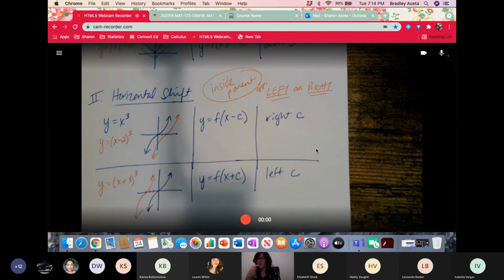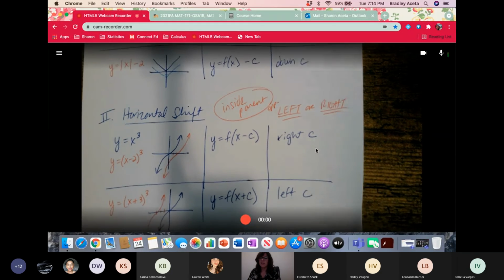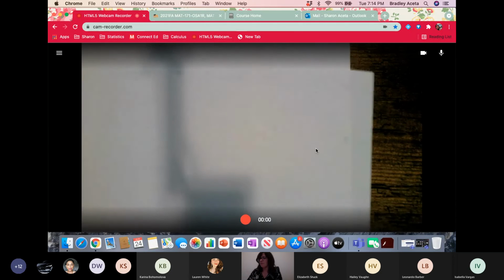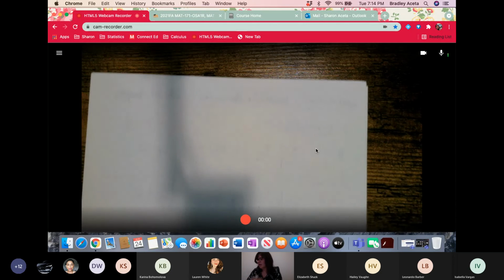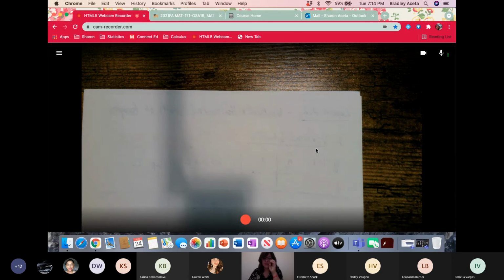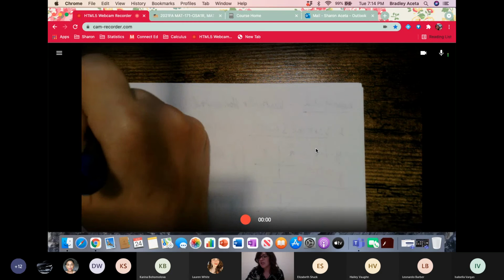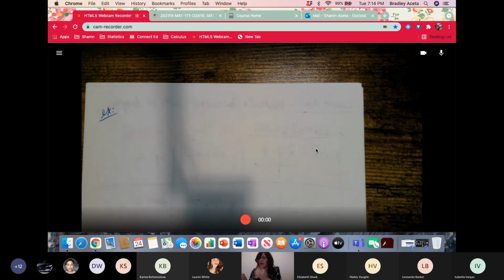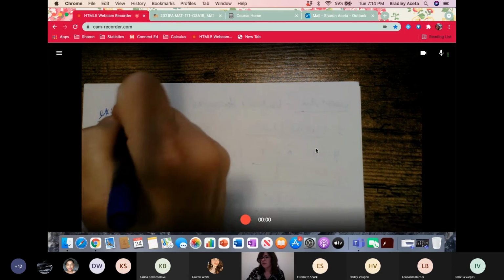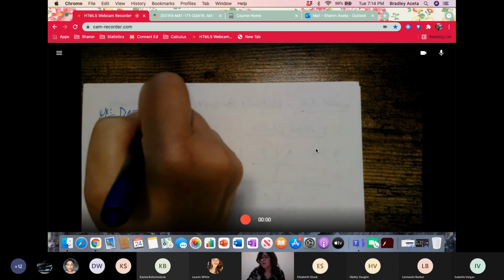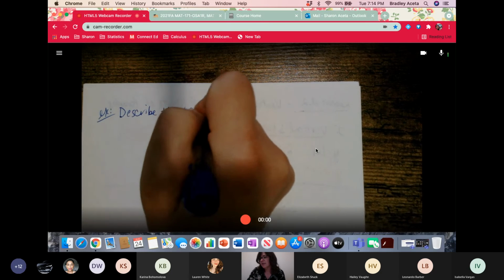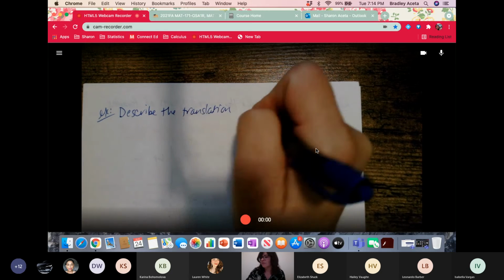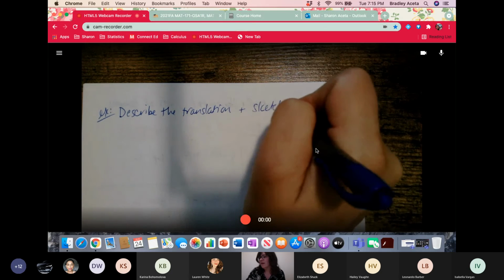Okay, so then here's how homework is going to be. It's kind of neat. It's going to ask you to describe the translation. And these are called translations. They're transformations, but when you translate, you slide and shift the graph. So describe the translation and sketch it.